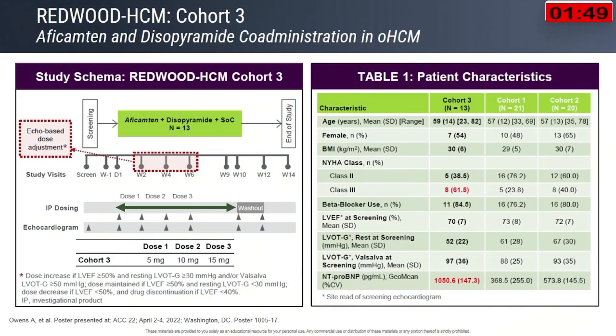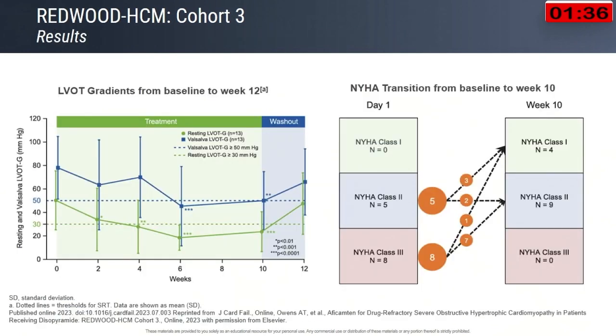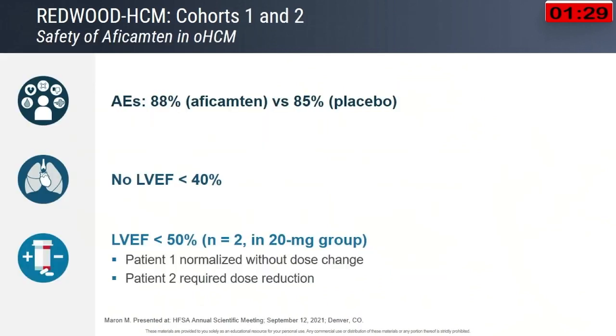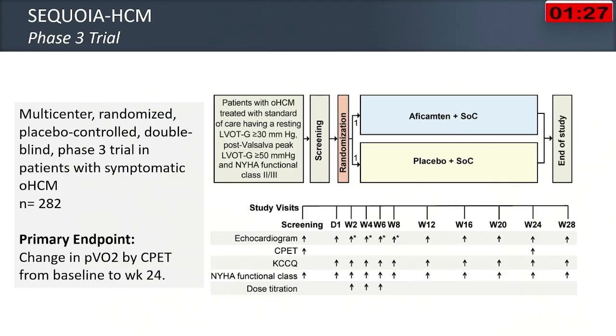Cohort 3 made another challenge by giving aficamten along with disopyramide, so the patients were now receiving 2 negative inotropes. No major dose escalations were made, but the important point is that they tolerated both negative inotropes with no major systolic dysfunction occurring. The SEQUOIA trial is a pivotal study on aficamten, equivalent to EXPLORER-HCM for mavacamten.